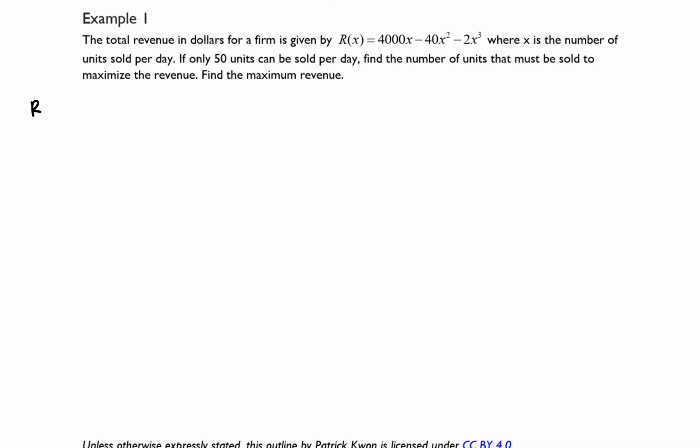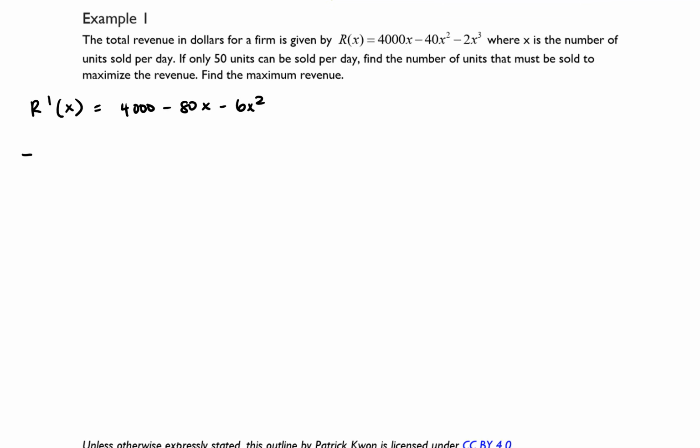So the first thing that we want to do is find the derivative of the revenue function. And when we do that, we get 4,000 minus 80x minus 6x squared. And we want to set that equal to 0 and solve so we can find some critical points and then figure out whether those are minimums or maximums.